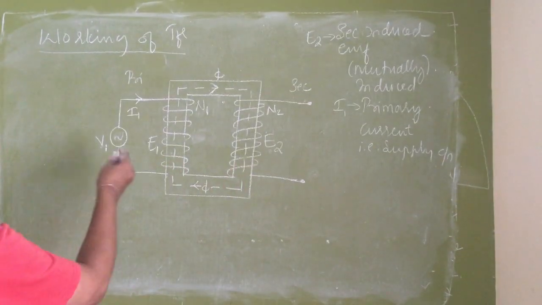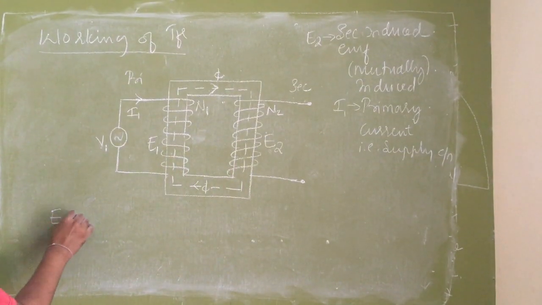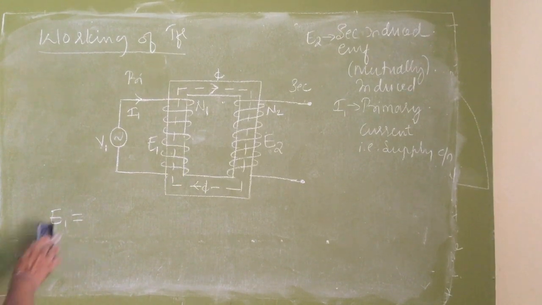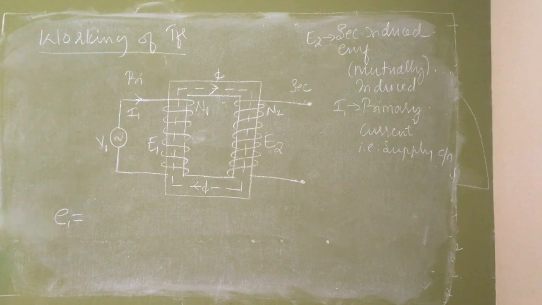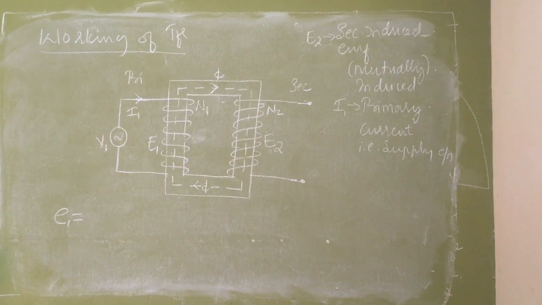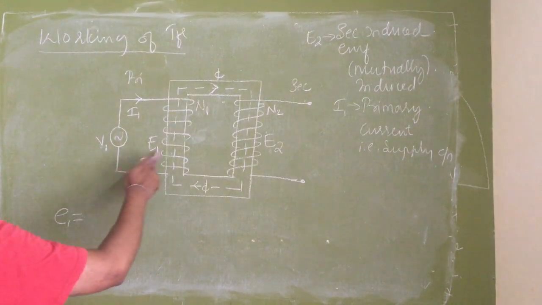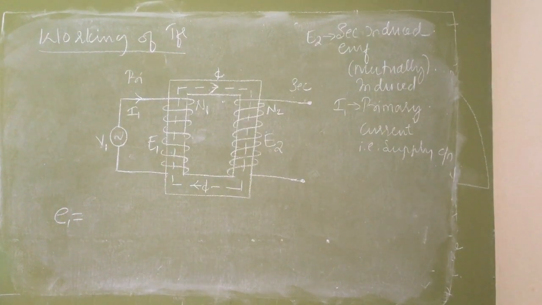As per Faraday's law, E1 is equal to, where capital E1 and capital E2 are RMS values, whereas small e1 is the average value or instantaneous value, whatever you can call it.